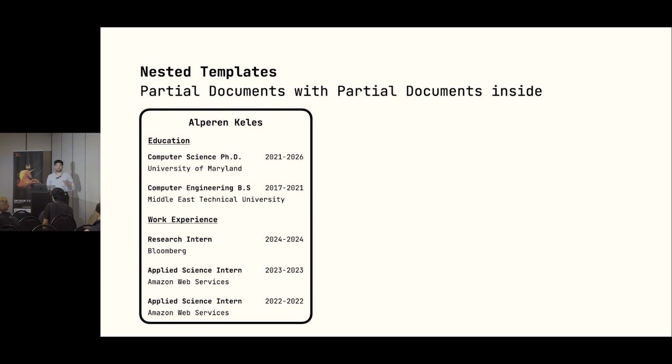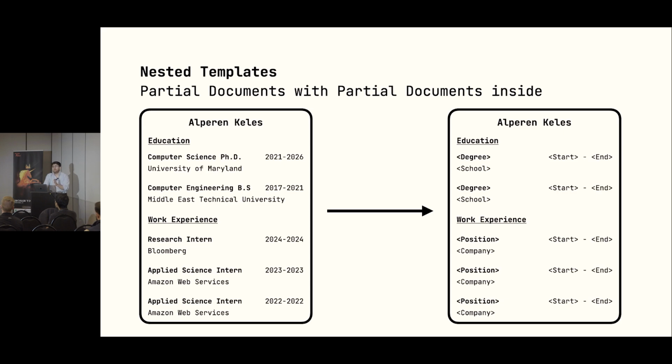So one thing that we see a lot in practice is partial documents with partial documents inside, right? Like nested templates. So here's my CV, in case anybody wants to hire me after the talk. I'm going to step by step abstract this document by identifying common substructures in it, and I'm going to turn that into a tree.